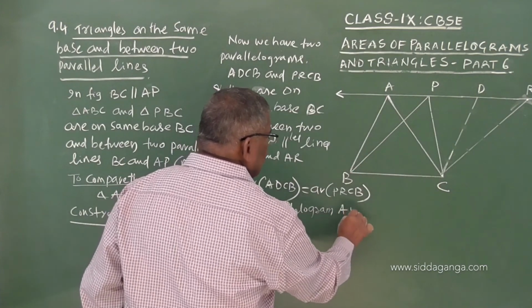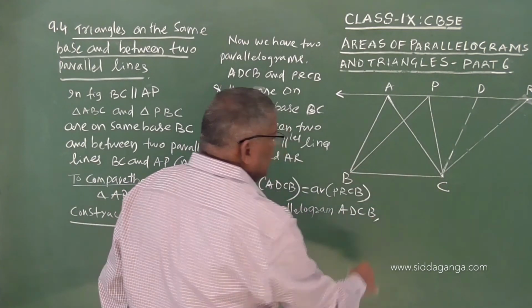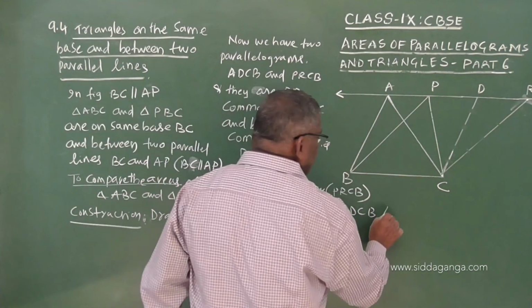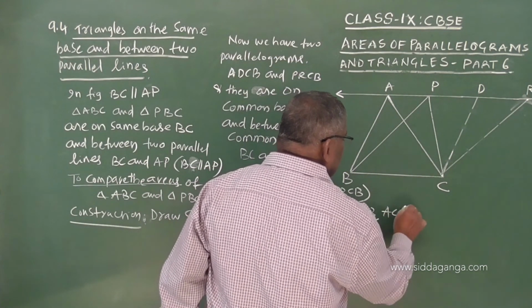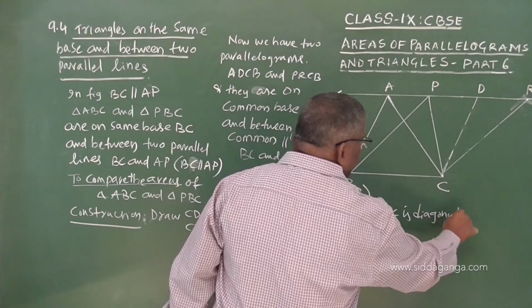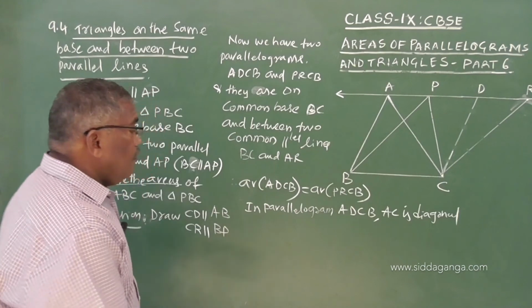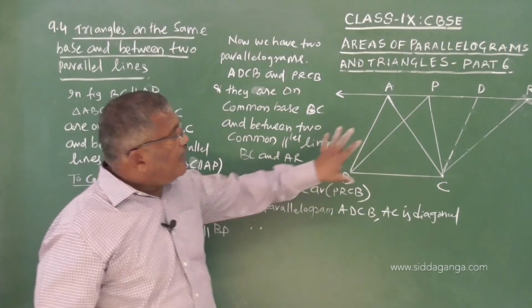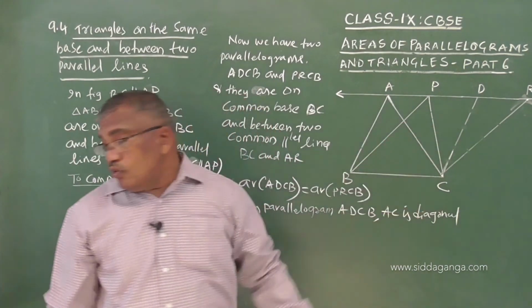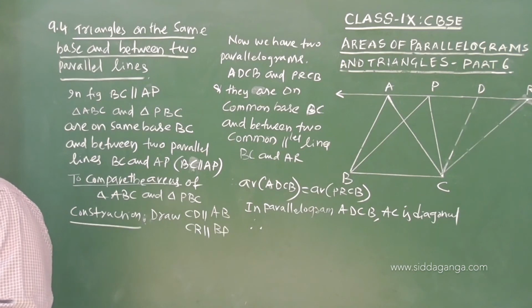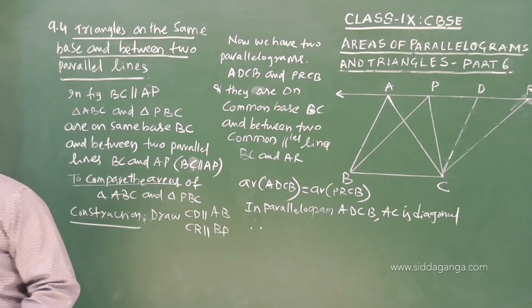Therefore, the diagonal divides any parallelogram into two congruent triangles.